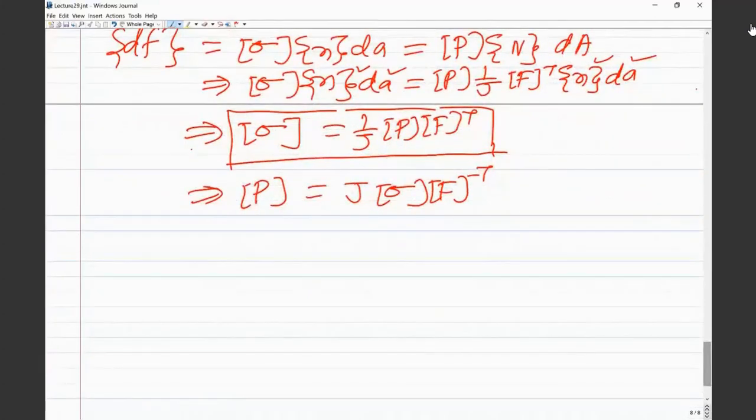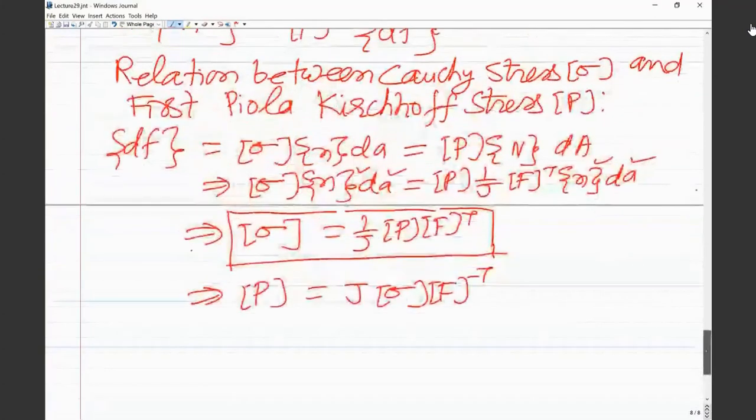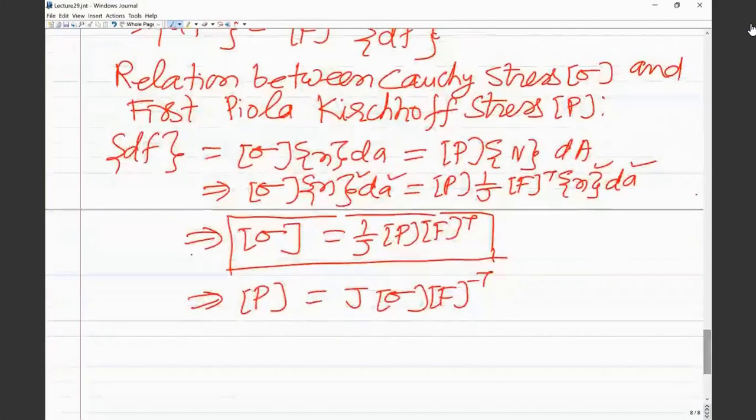Is the first Piola-Kirchhoff stress the stress in the current configuration? The first Piola-Kirchhoff stress is actually the force in the current configuration per unit area in the reference configuration. The force is in the current configuration, but the area taken is in the reference configuration.